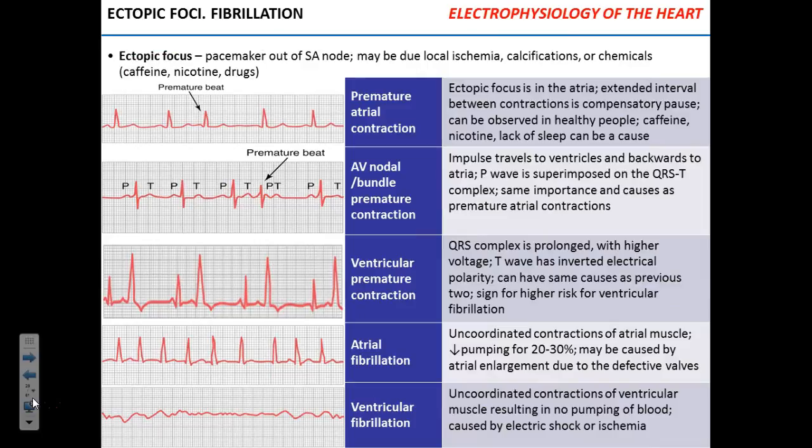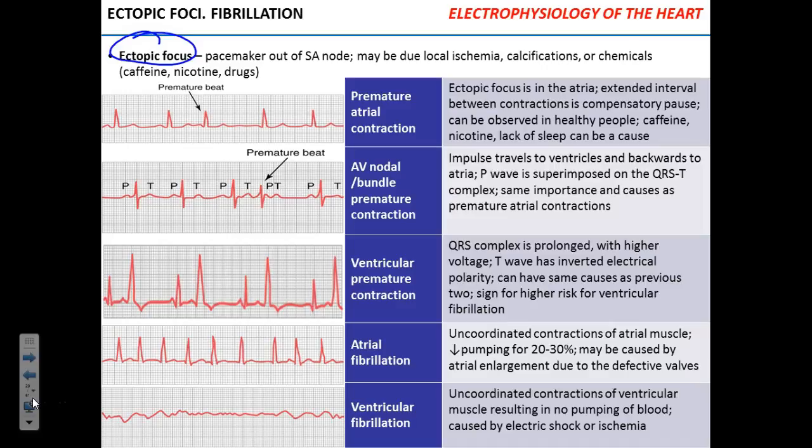Now that was missing stuff, okay? SA node doesn't work, or AV node doesn't work. What if you develop so-called premature beat, extra beat? This is called ectopic focus. Essentially, ectopic, topos means place.